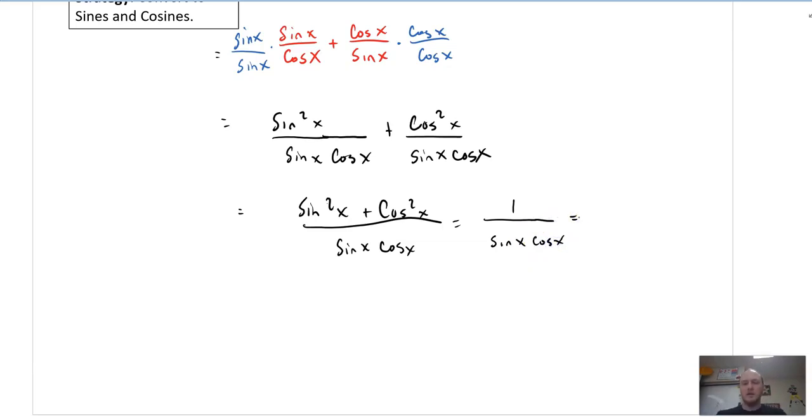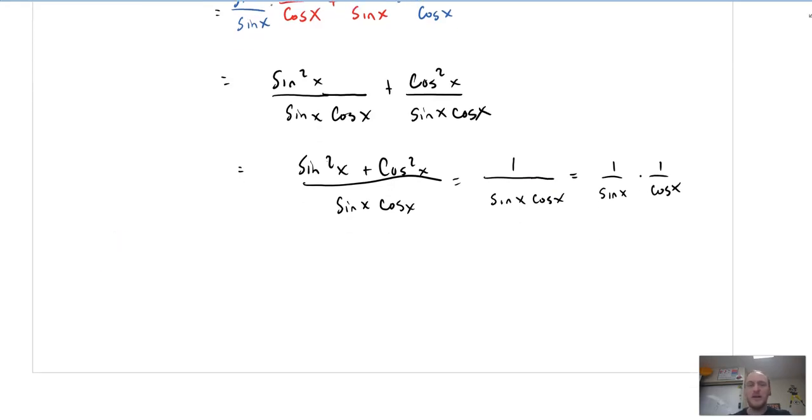Here, what I can do is separate the denominators, because I can multiply by 1 over sine x times 1 over cosine x, and this gives me my 1 over sine x cosine x. So that's why it's a legal move. You can't do that if, like, I had a 2 in the numerator, I couldn't do 2 times sine of x over 2 times cosine of x.